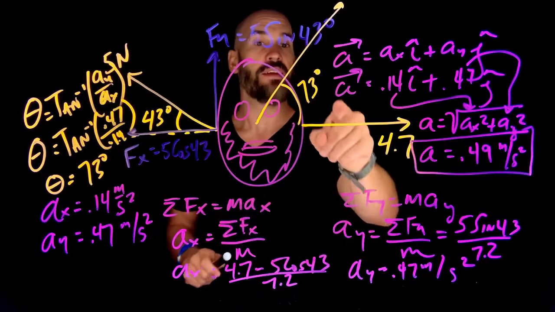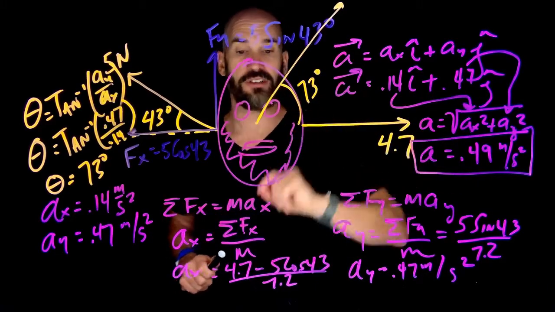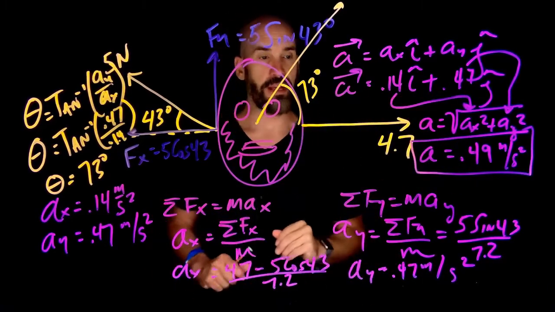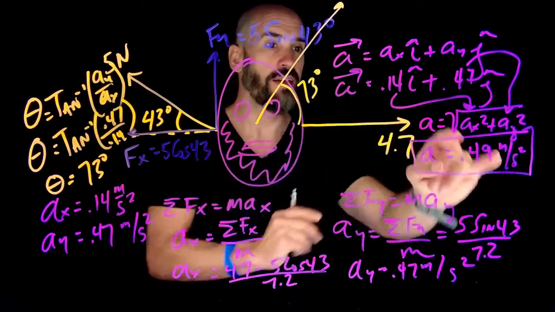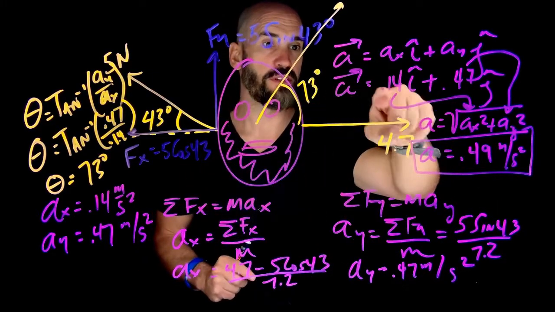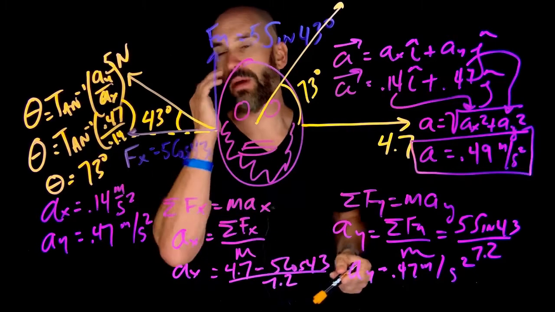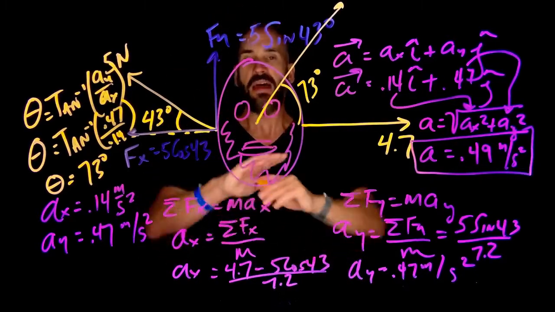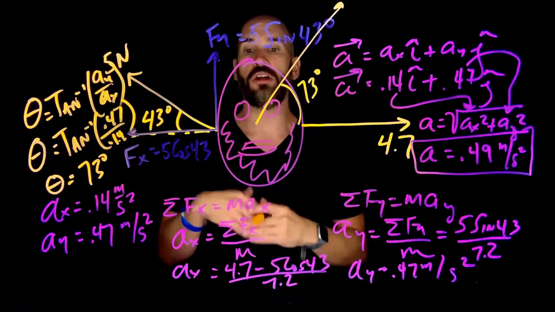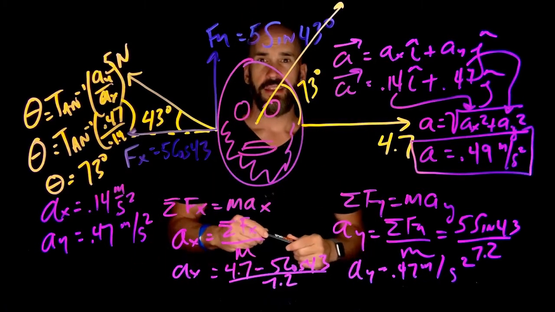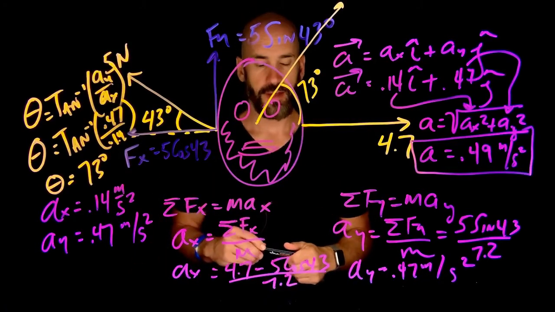You can find the actual acceleration vector by taking the ax and the ay component. You can find the magnitude of a by doing your Pythagorean theorem with the two components, and you can find the direction by doing your inverse tan. So everything you can do with the force vector, you can also do with the acceleration vector. That's what I wanted to prove with this slide, and I hope I've proved it.